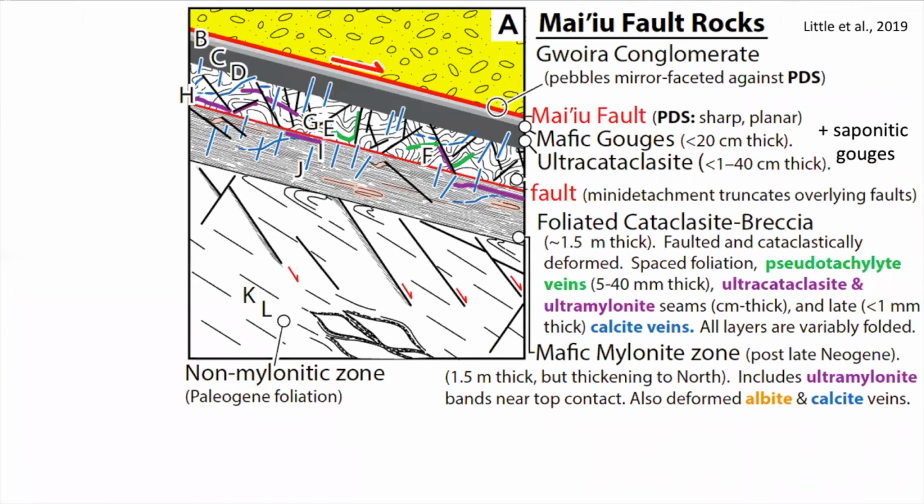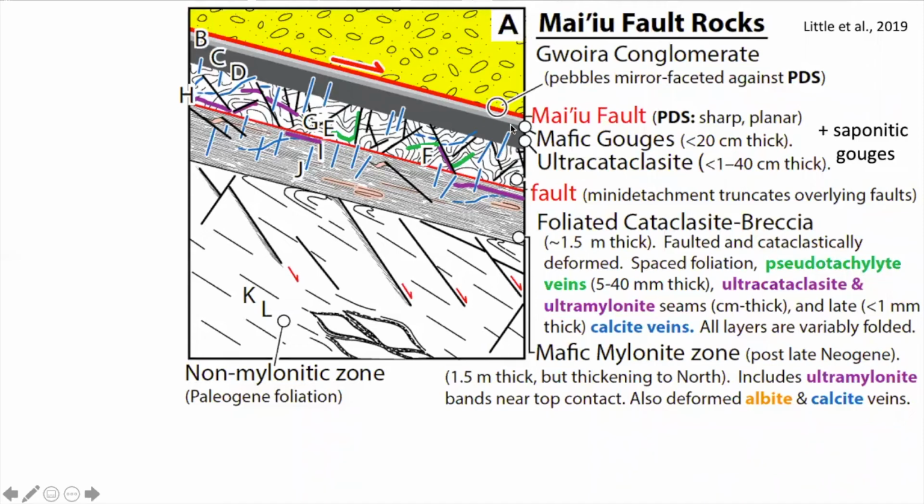Next, we can walk through the Mayu fault rock sequence and see what can be learned from the geology of the fault rocks. So Little et al. 2019 detailed the exhumed fault rock sequence from outcrop. Walking through this, the top yellow section is the hanging wall sedimentary rocks, the Guara conglomerate.